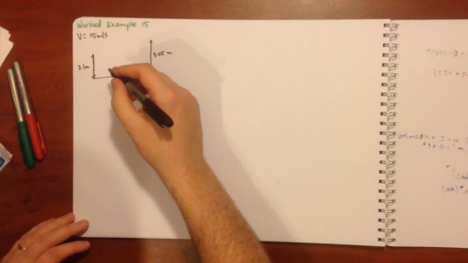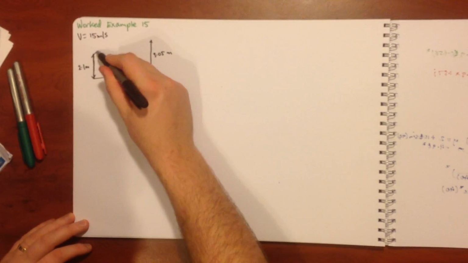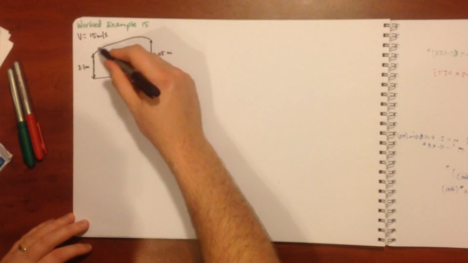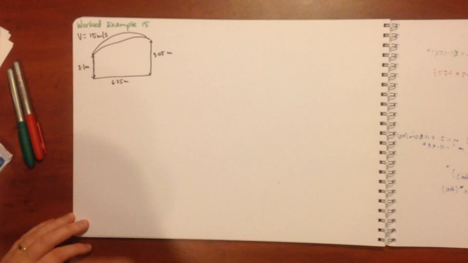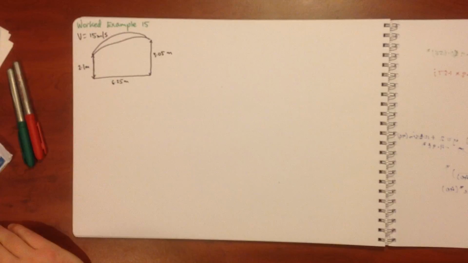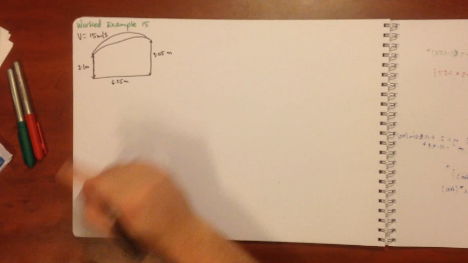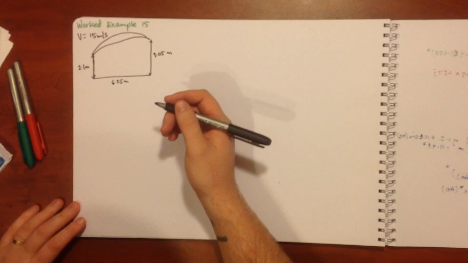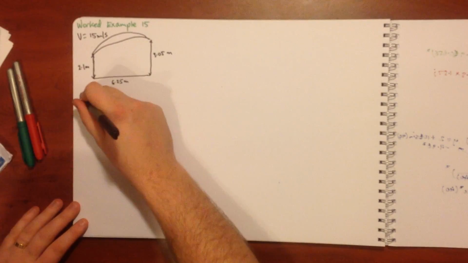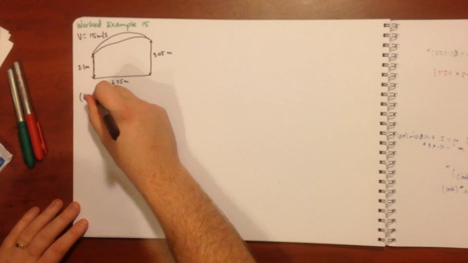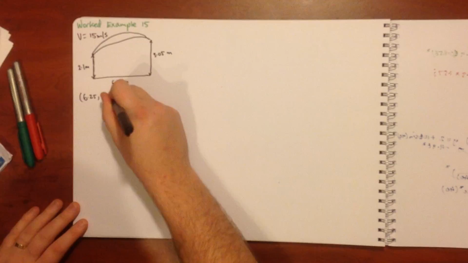We're saying there must be 2 paths, one that goes something like this and one that goes a bit higher. We're going to find our angles to the horizontal. So we know that the basketball must pass through the point 6.25, 3.05.